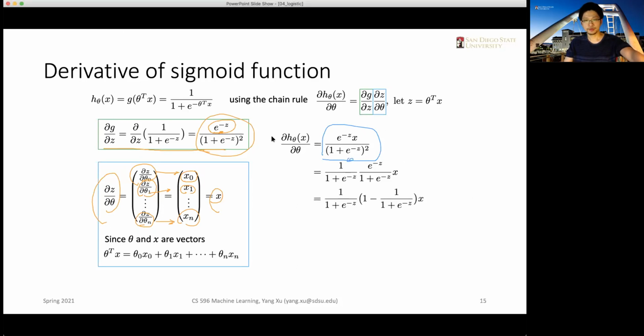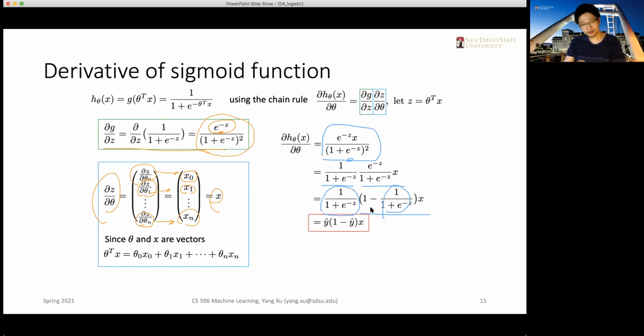So to make it easier for the computation, we can decompose further into two parts. These are just mathematical tricks. We have one part outside times 1 minus the same part inside times x. Okay, and then you can work on this on your paper. Actually, it's quite interesting to work from the beginning to the ending term here.